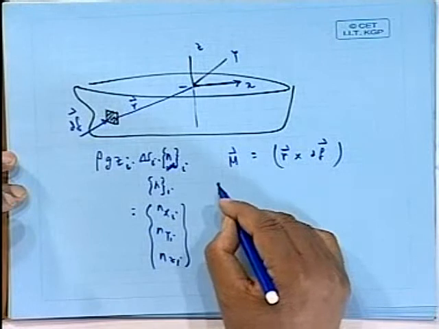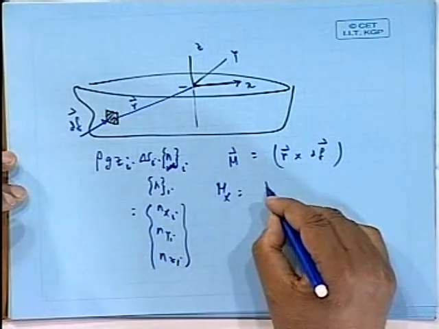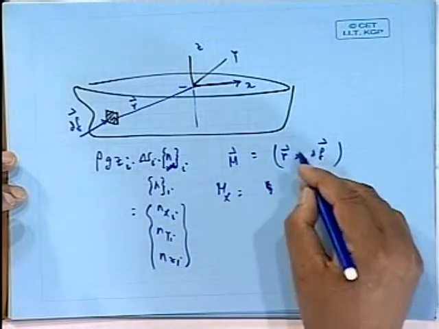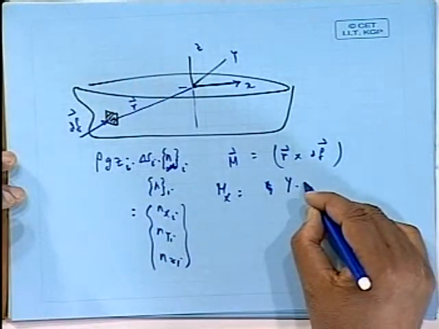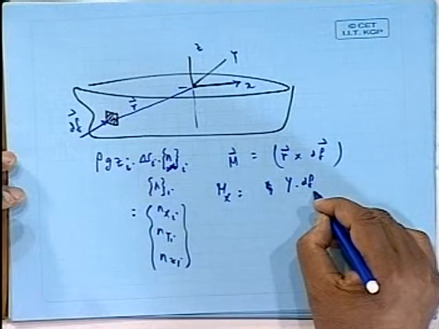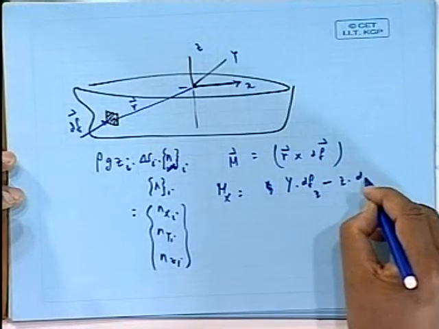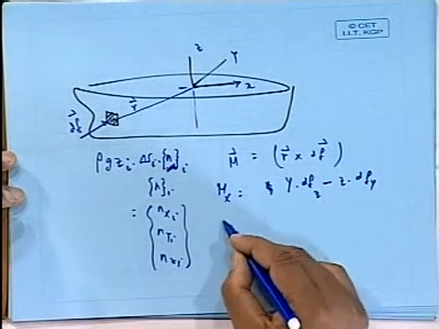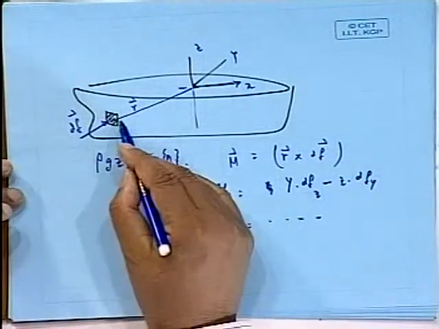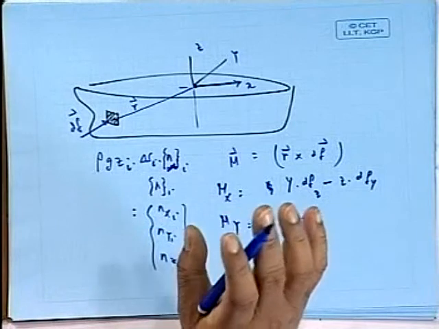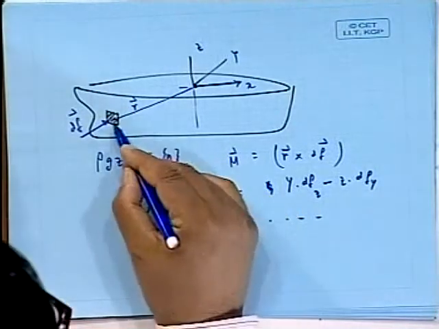If you do that, you will find that mx becomes, rather r has got x, y, z components, it will become y into dfz minus z into dfy, like that. It will all be in terms of the x, y, z of the point.